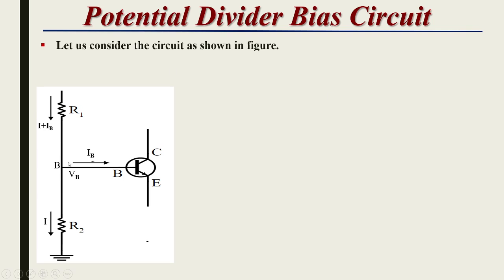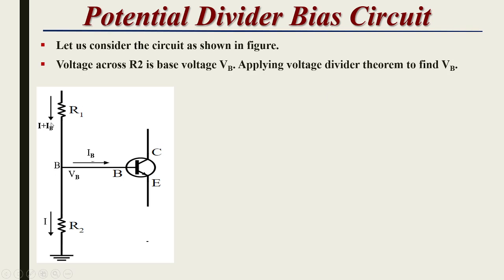First we have to calculate the input voltage, that is VB, using the potential divider rule. After application of the voltage divider theorem, we get VB equal to the voltage drop across resistor R2 divided by the sum of the voltage drops across resistors R1 and R2.